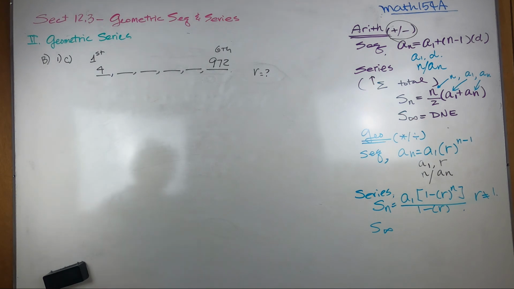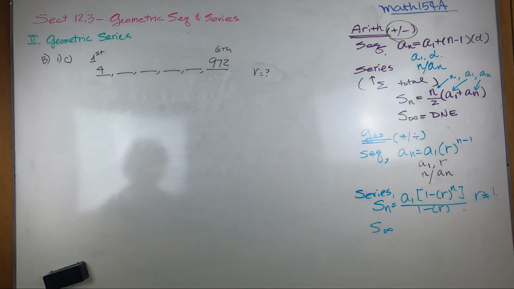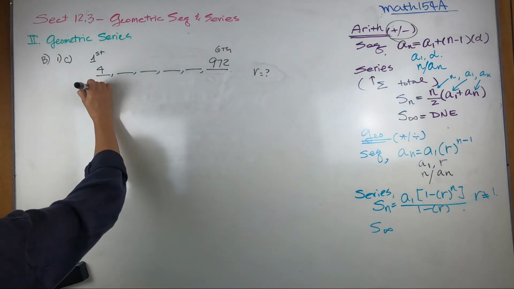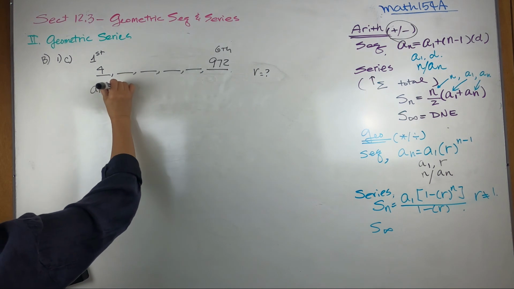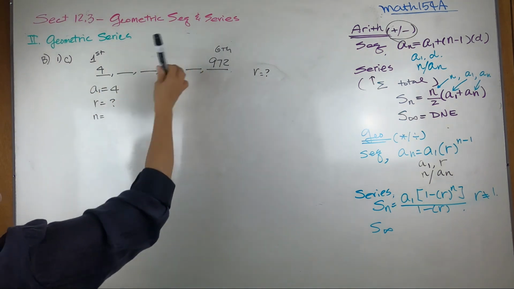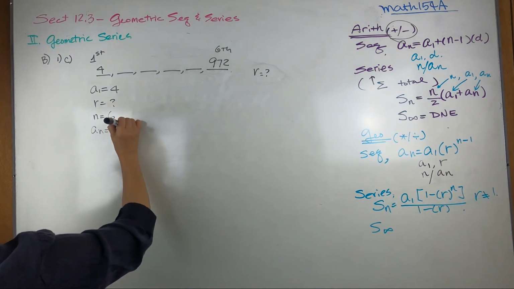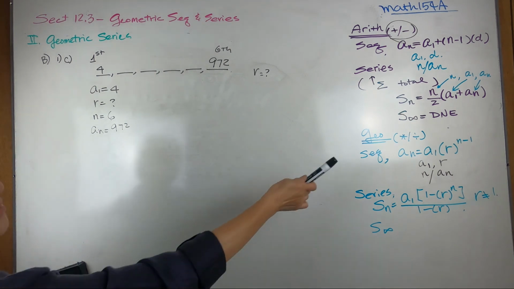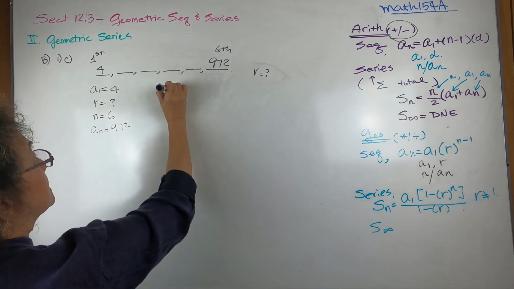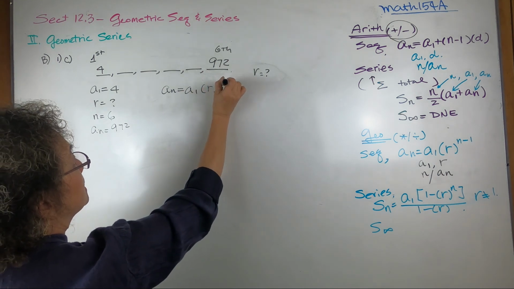Since we tell you it's a geometric sequence, you need to use the formula for the sequences, right? So we say A1 is 4. We don't know the R. n is 6. An is 972, right? Then we use the formula, An equals A1 times R to the n minus 1.